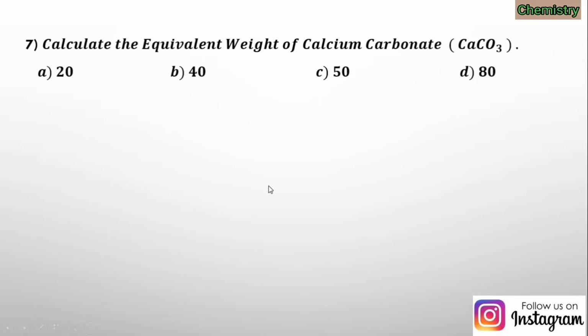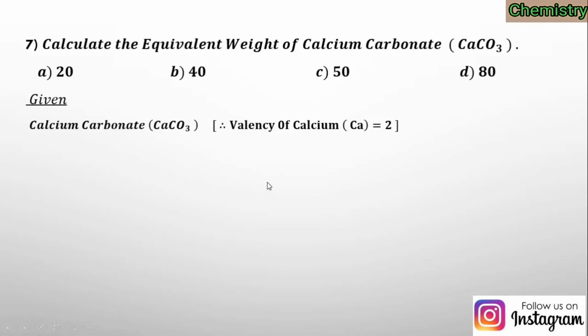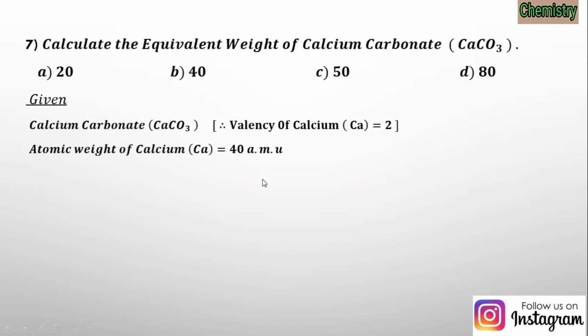Question number 7 we have, calculate the equivalent weight of calcium carbonate, that is CaCO3 or chalk. Equivalent weight equals molecular weight upon valency. Valency of calcium is 2.